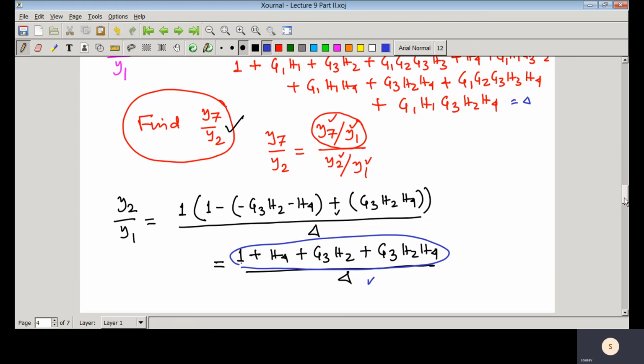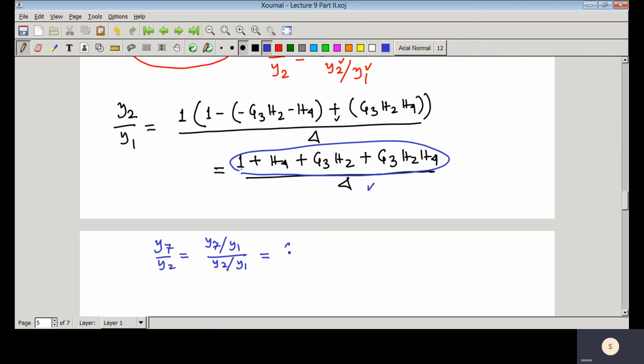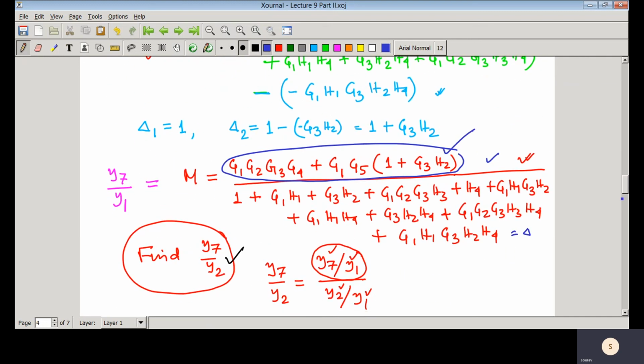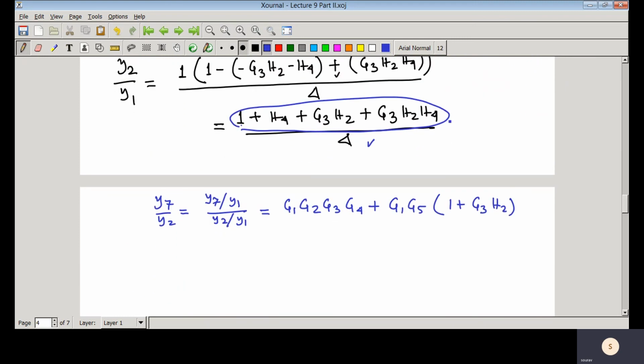So you have G1 G2 G3 G4 plus G1 G5 into 1 plus G3 H2 in the numerator, and in the denominator 1 plus H4 plus G3 H2 plus G3 H2 H4.